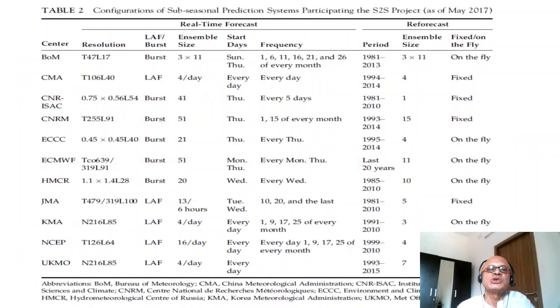And this is a table that's showing the configurations of subseasonal prediction systems participating in the S2S project under the World Meteorological Organization, now chaired by the authors of this book that we are using. It's not very easy to synergize or coordinate S2S forecast systems across all centers, because all have different philosophies, different models, different resolutions, different initialization, different ensembling, different data assimilation, and so on.